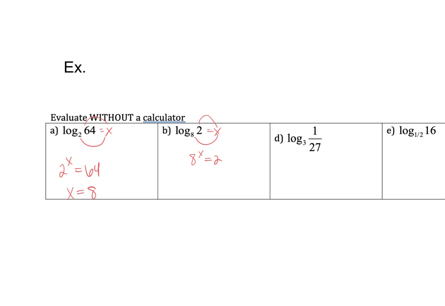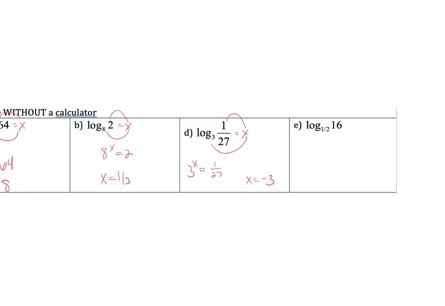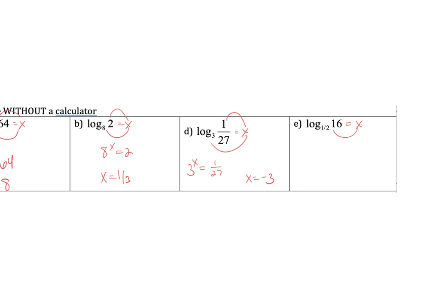And I express the cube root as a rational exponent, which is 1/3. 3 to the x equals 1 over 27. I know 3 to the third equals 27, but 1 over 27 means that x has to be negative. And last but not least, over here, 1/2 to the x equals 16. I know 2 to the fourth equals 16, so 1/2 to the negative fourth has to equal 16.